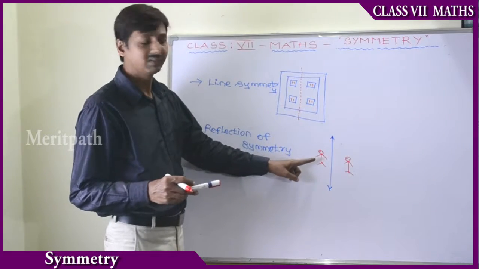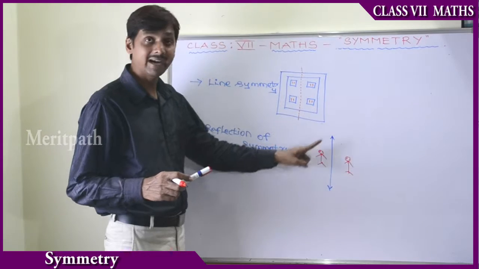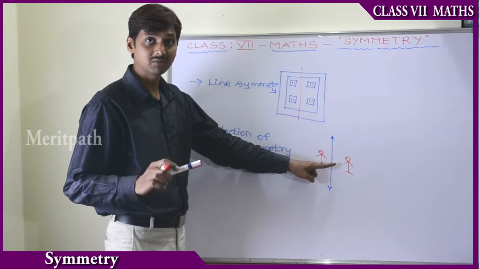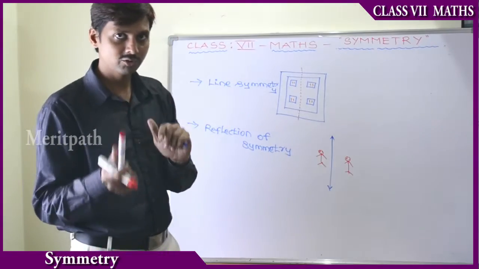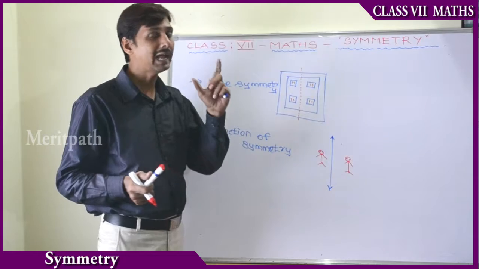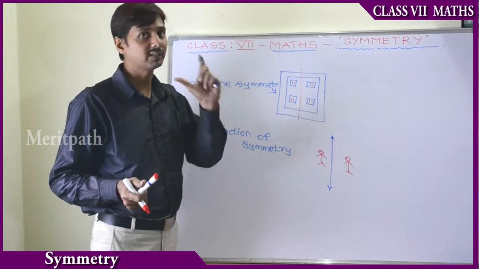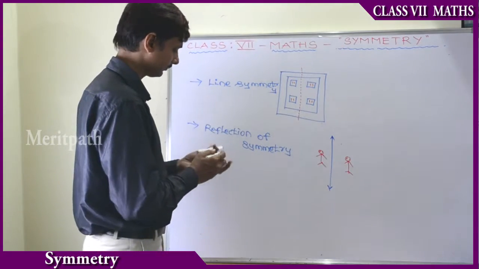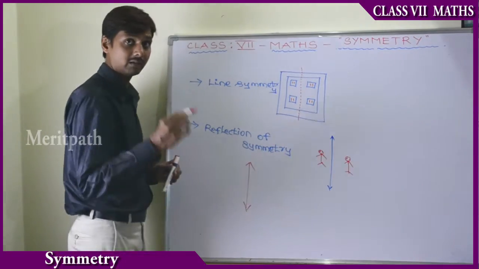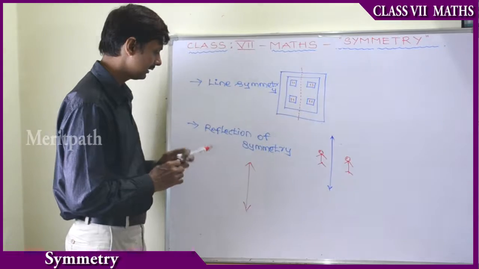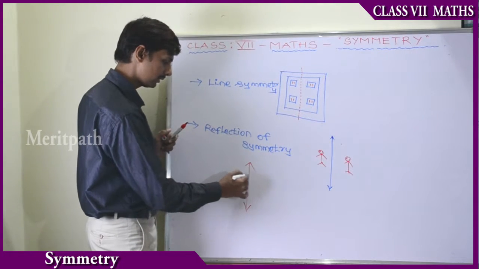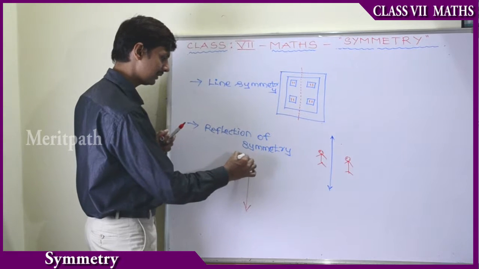But when we look at the object in the mirror, it becomes left to right, right to left. We can understand this by taking an alphabet letter in front of the mirror. This is a mirror.